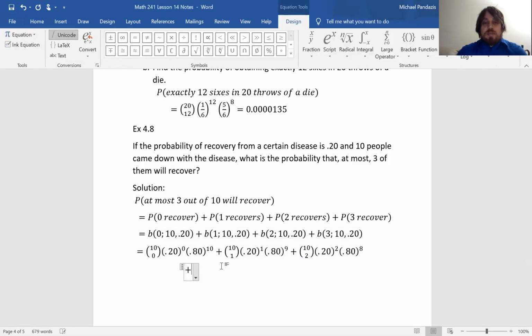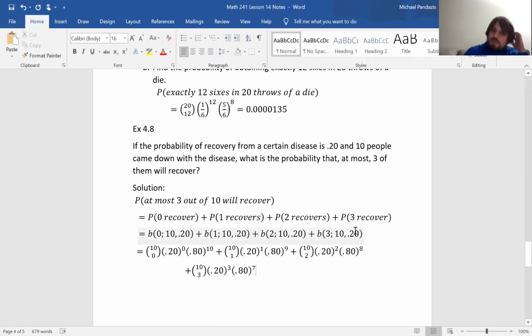And then this is plus 10 choose 3 times 0.20 cubed times 0.80 to the 7th power. And that's B of 3, 10, 0.20.